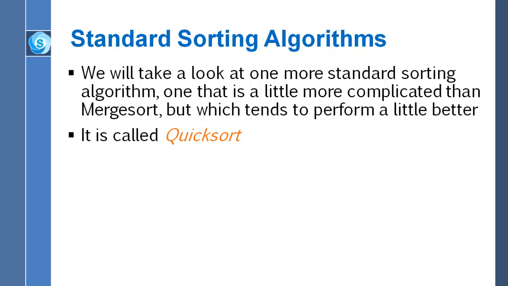I'm not exactly sure when Quicksort was introduced, but it seems to me that I'm on safe ground asserting that Quicksort has tended to be the most popular ever since its introduction of these so-called capital theta n log n sorting algorithms. And that's because it seems to be a little faster.